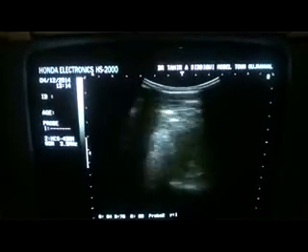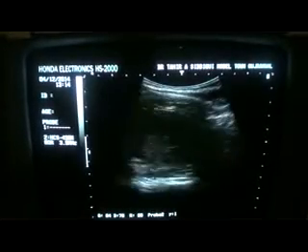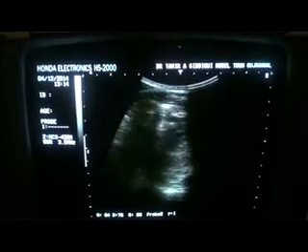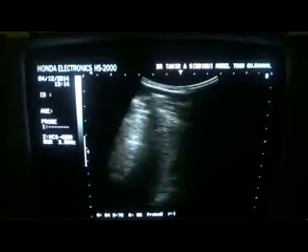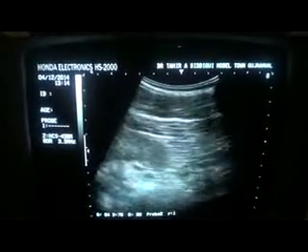Left kidney is always difficult to study, because of its location. I'm not getting it properly. So once again I'll try from this angle.